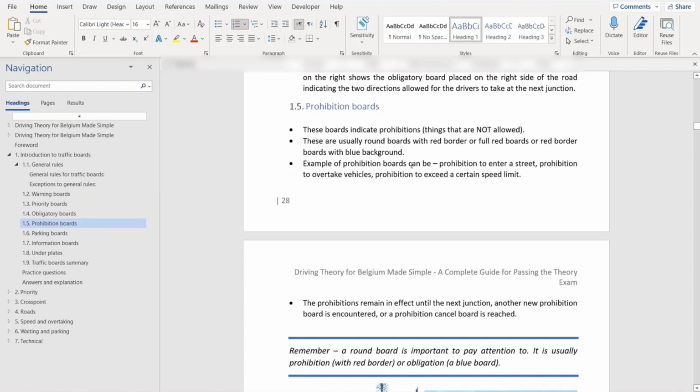Examples of prohibition can be that you're not allowed to enter a street, you're not allowed to overtake a vehicle, you must not exceed a certain speed. So till when are the prohibitions in effect? The prohibition is in effect until the next junction, or until there is a new prohibition board, or there is a board which cancels out the prohibition.